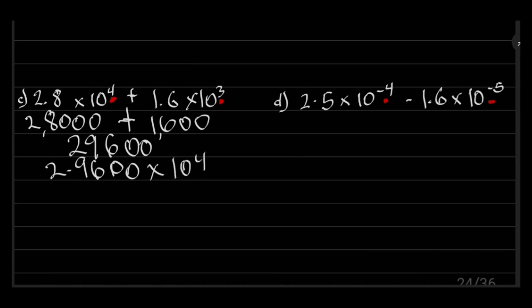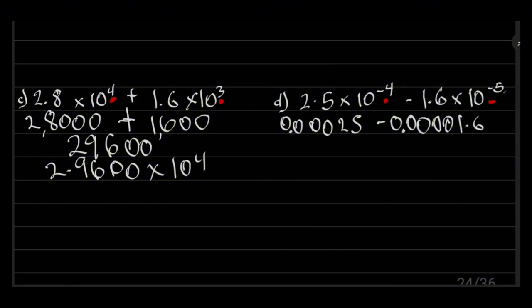Let's try that for the subtraction. We are supposed to introduce 4 zeros here. Since we have a power of negative 4, so 1, 2, 3, 4, 2.5 minus, how many zeros do we introduce here? 5. 1, 2, 3, 4, 5, 1.6.